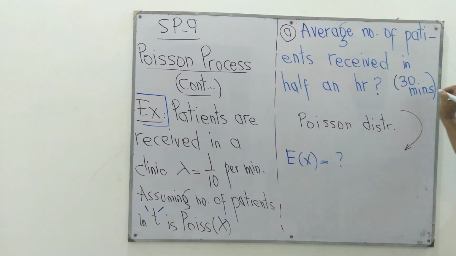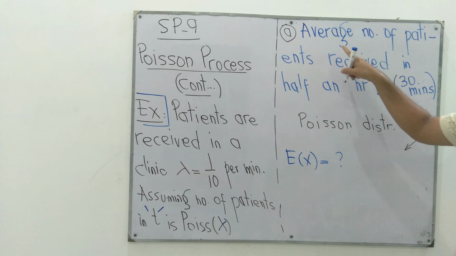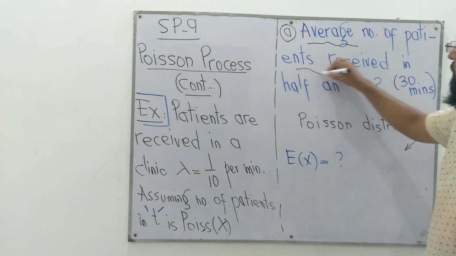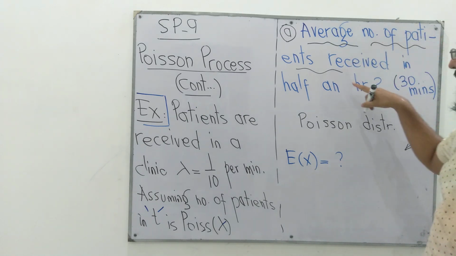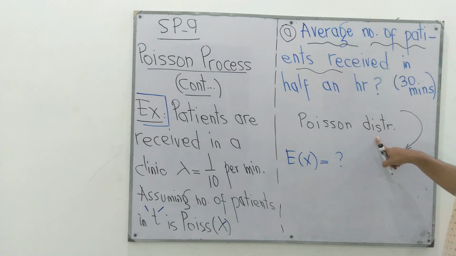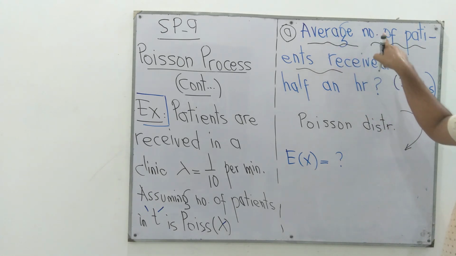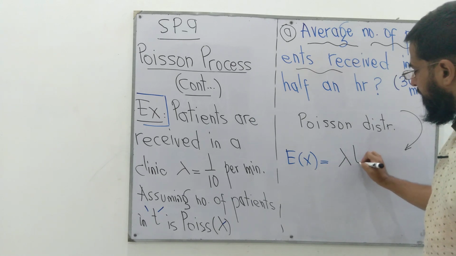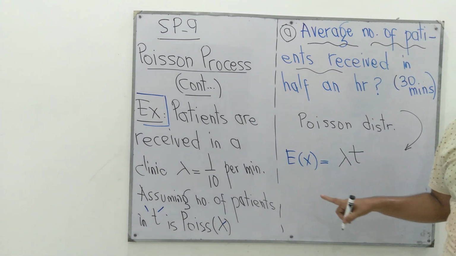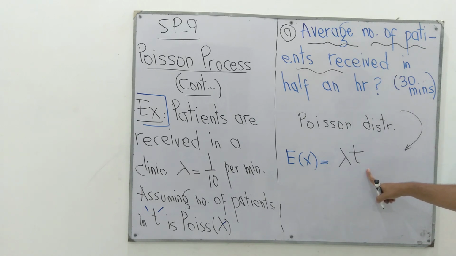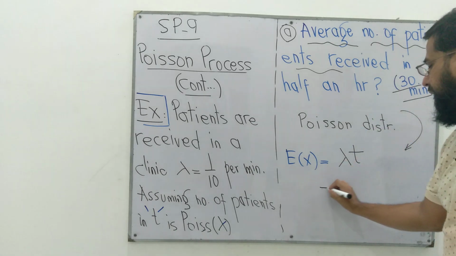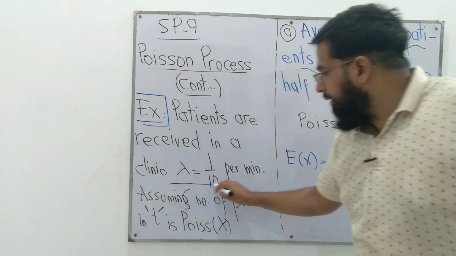Since the number of patients received is distributed as a Poisson random variable, the average would be the average of the Poisson distribution for time t, and we know that for a Poisson process this is lambda times t, where lambda is the rate of arrival and t is the length of the interval. Here t is given to be 30 minutes and lambda is 1/10.